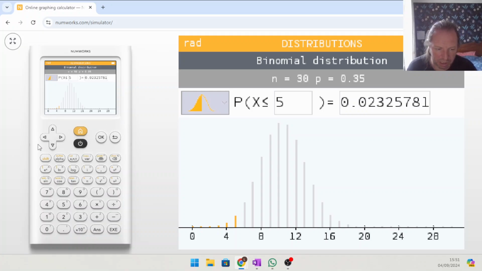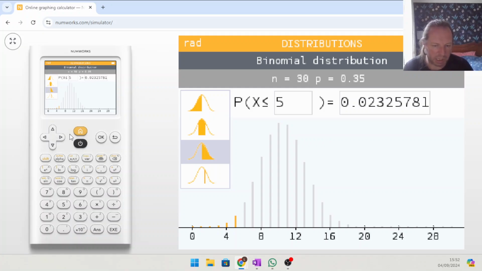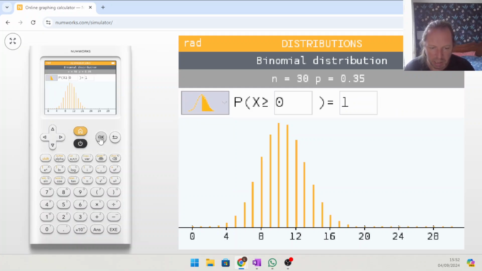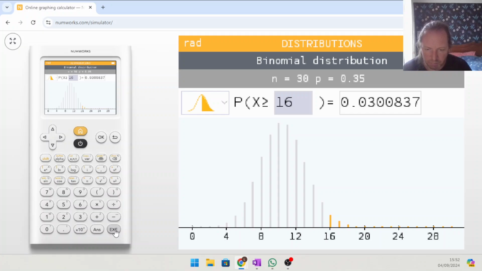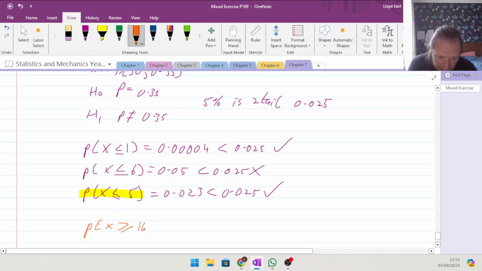Quickly change this over to x greater than or equal to, and 16 comes out as 0.030, which is too big.